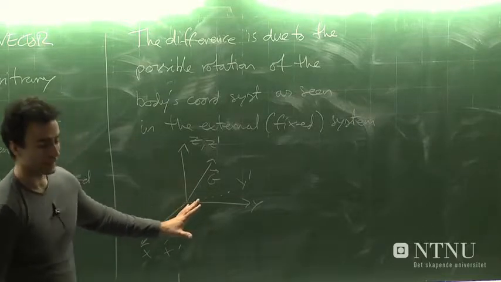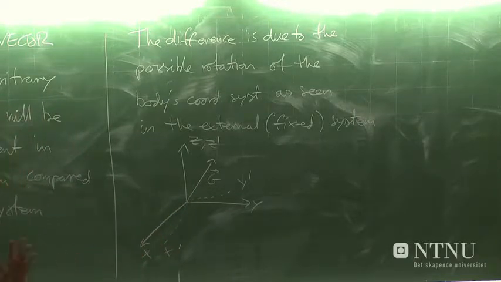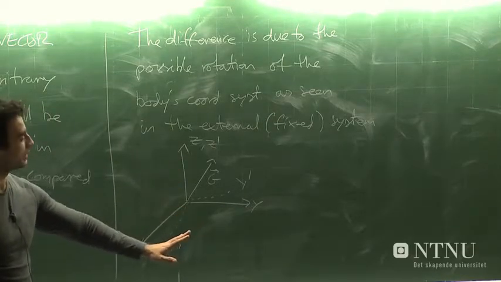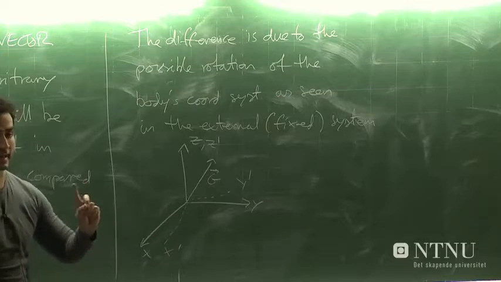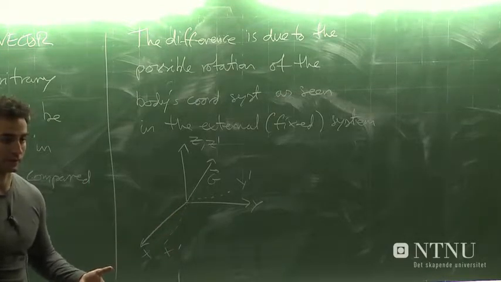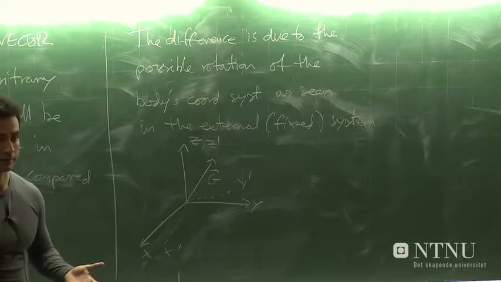And so we're considering the scenario where this vector g is fixed in the rotating system, which means that an observer in this stationary XYZ system would see g as rotating, whereas an observer in the rotating coordinate system would see a constant vector.